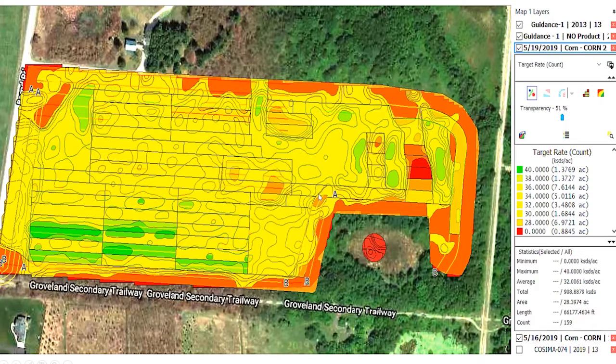For example, for planting, they have one AB line. If I want to do on-farm research, I take that AB line, calculate the width of the tractor, and shift that AB line half of the width.